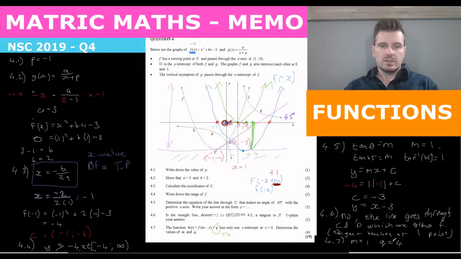Okay, so tricky last question, 4.7. In your final answer, what you can do is simply write to the left and to the right. So add what I've highlighted in pink into your working.